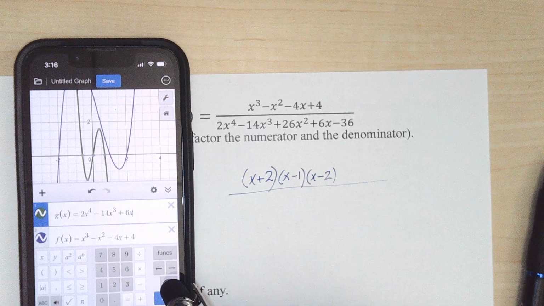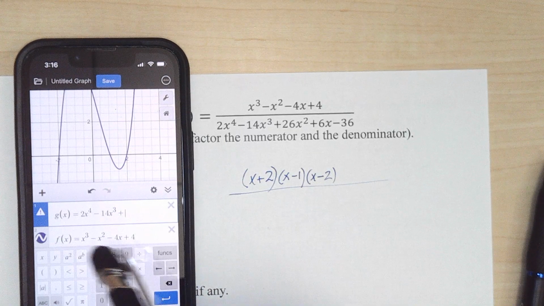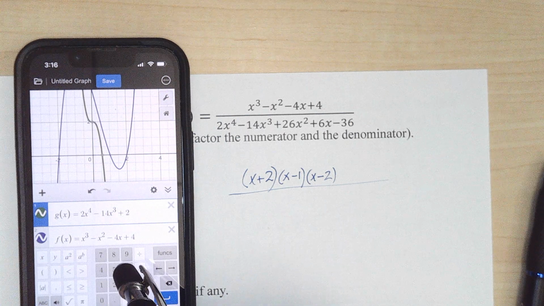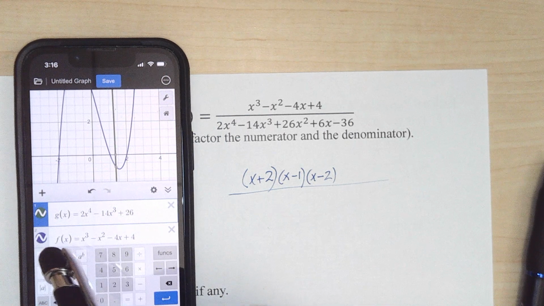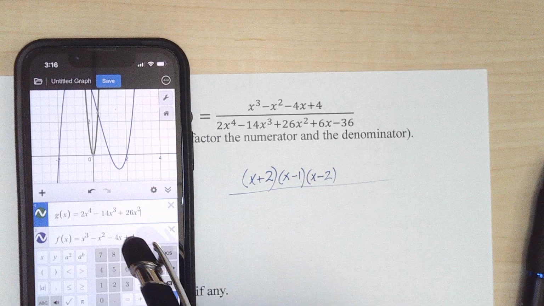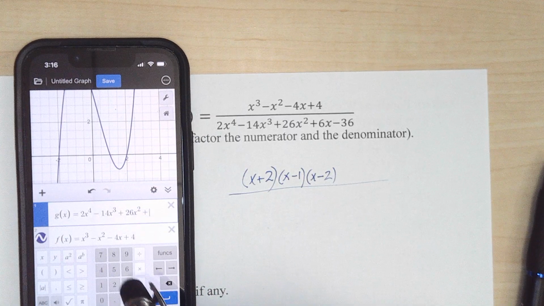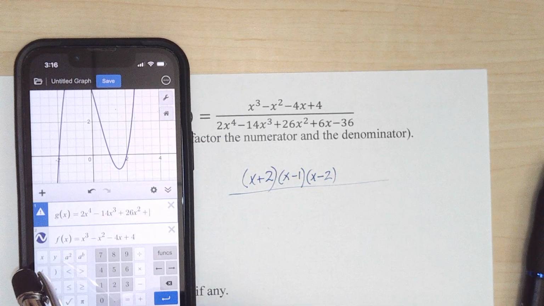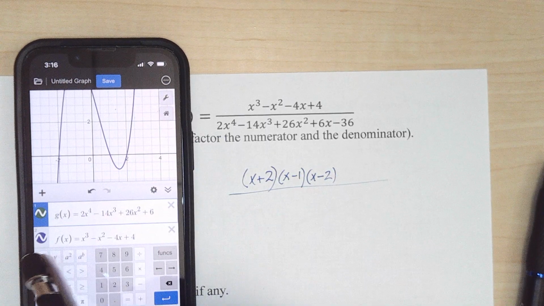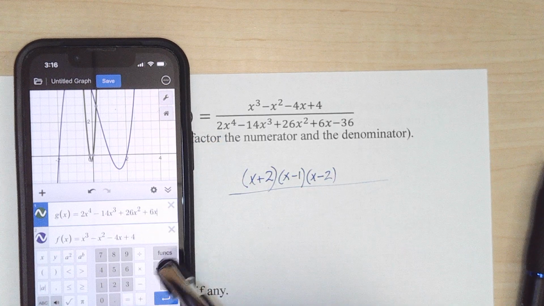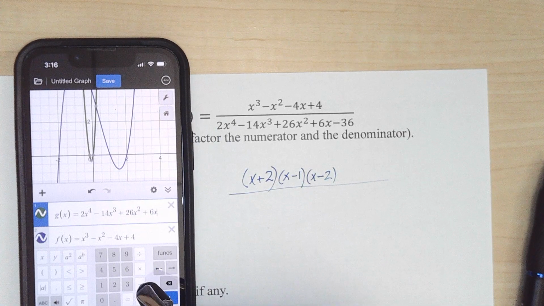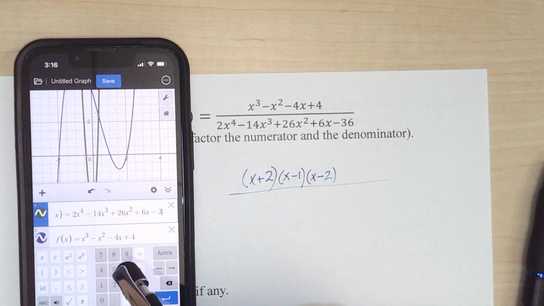Didn't get the 2. 26x squared plus 6x minus 36.